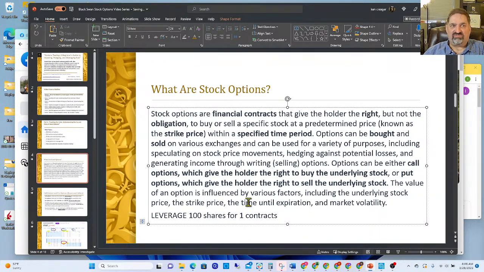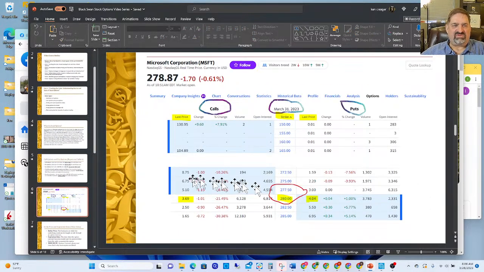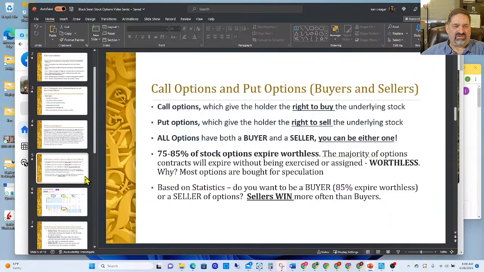That's really, really important, because if you have a $100 stock, then one contract does not control $100 worth of shares. It controls 100 times 100, which is 10,000. So you need to be really, really careful when you're doing stuff.